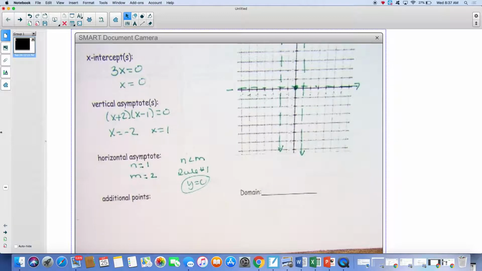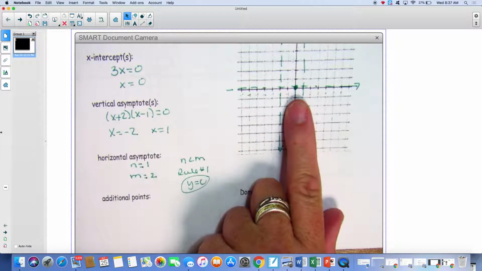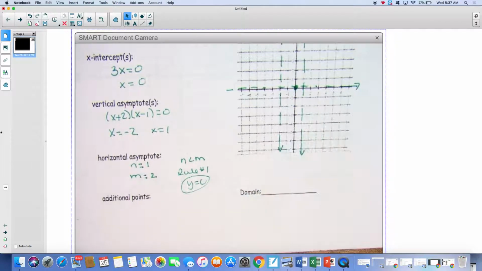So here is a case where we have an asymptote on the x-axis, but our graph is going to cross it.